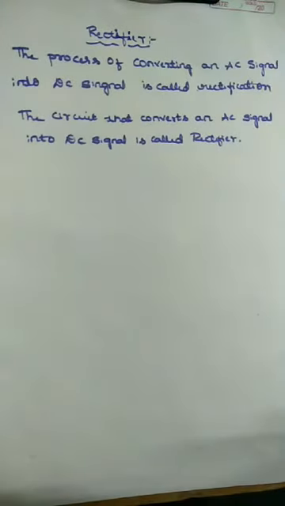The semiconductor diode conducts current only in forward bias. This unidirectional conduction property of the diode is used in the construction of a rectifier.